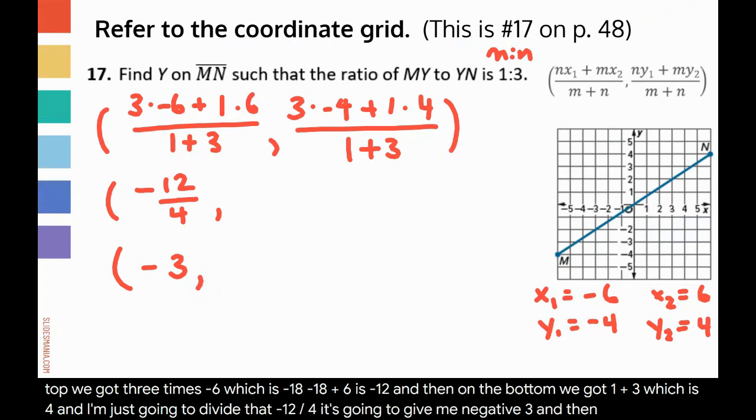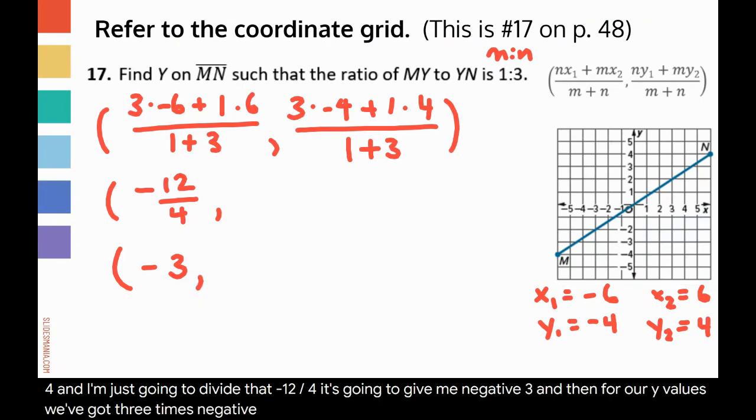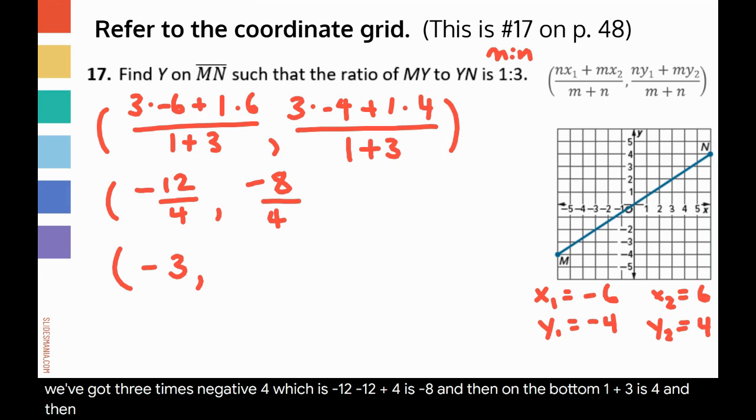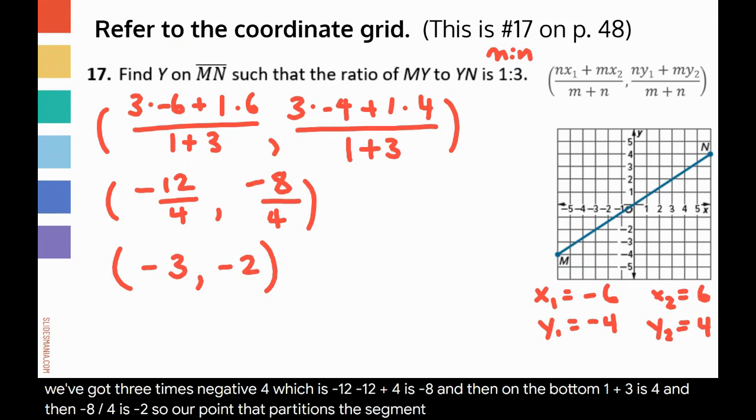And then for our y values, we've got 3 times negative 4, which is negative 12. Negative 12 plus 4 is negative 8. On the bottom, 1 plus 3 is 4, and negative 8 divided by 4 is negative 2. So our point that partitions the segment is going to be negative 3, negative 2.